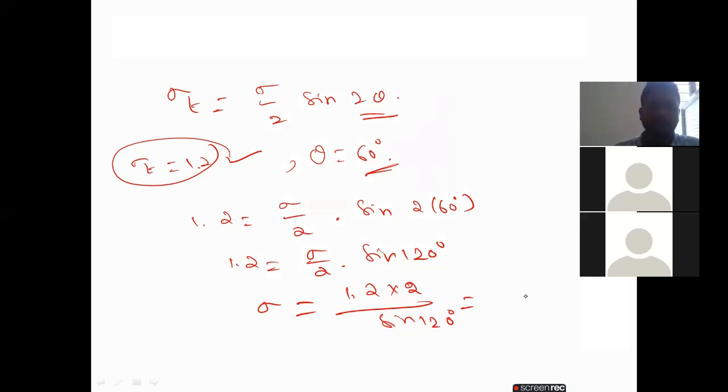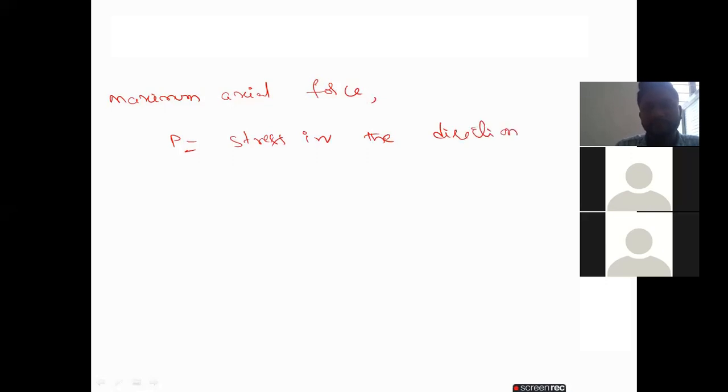So here the answer we got is 2.77 Newton per mm². Now the maximum axial force P equals stress in the direction of P multiplied by the area of cross section, so sigma into 10,000.